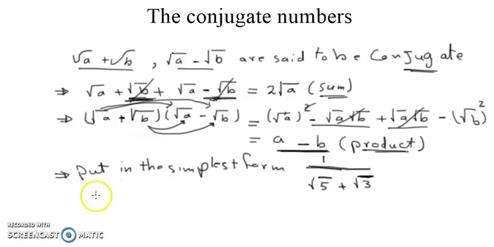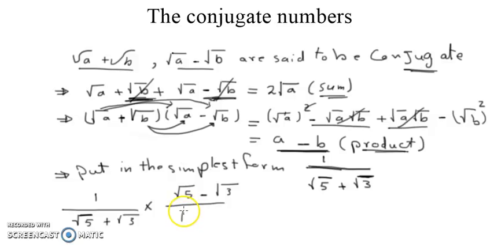Now we're going to multiply, using the conjugate, each of the numerator and the denominator: square root of 5 minus square root of 3 over square root of 5 minus square root of 3.